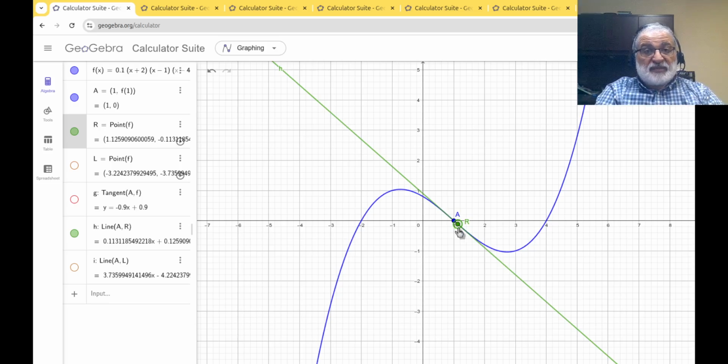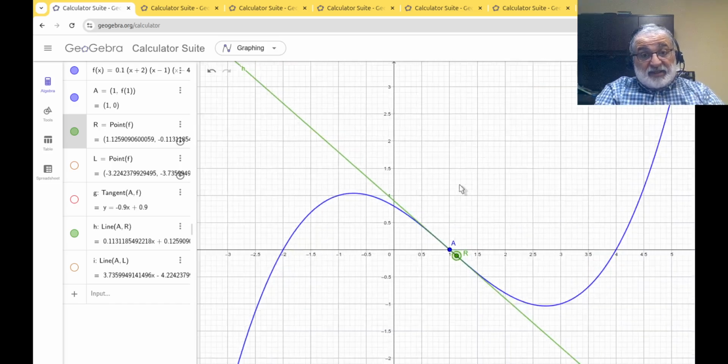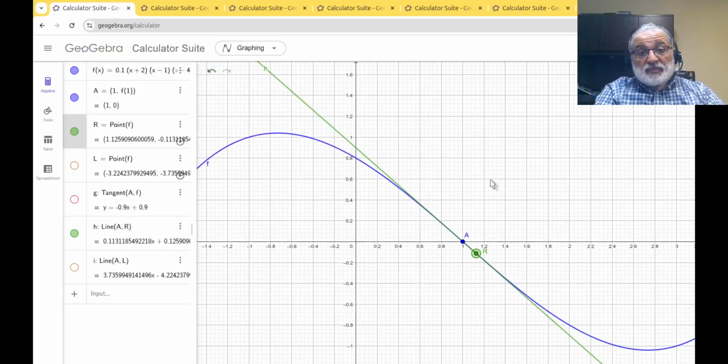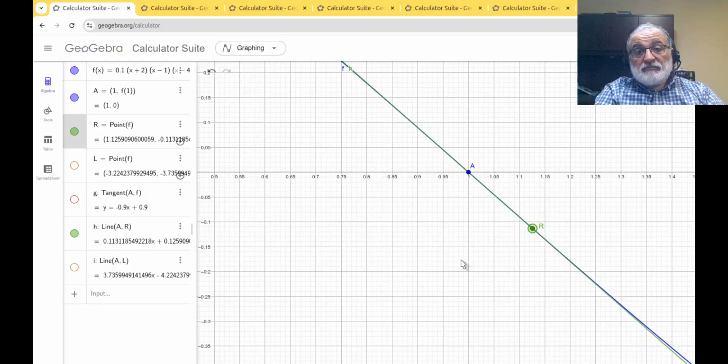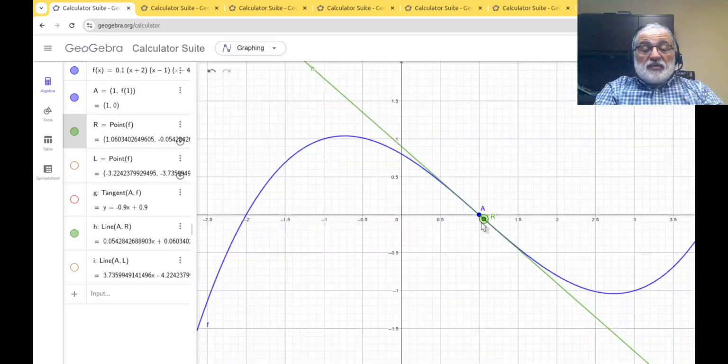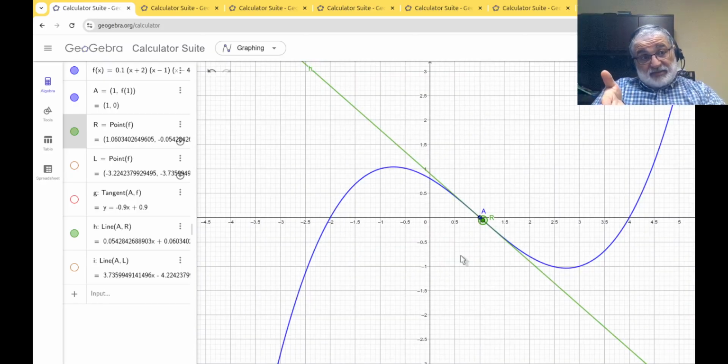Now, if we zoom in here, let's zoom in again. Do you see what's happening? It's just touching the graph. All right? Now, the slope of this line, the slope of the tangent, is actually what we call the derivative, which is also the instantaneous rate of change.